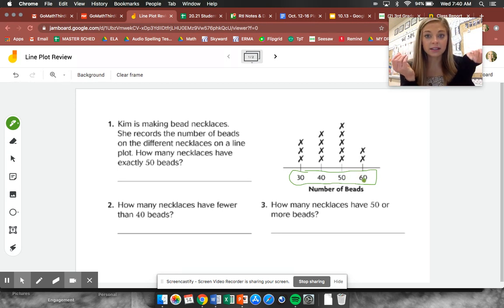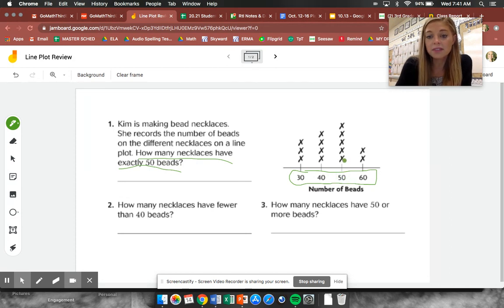So picture a necklace in your head. And necklaces are made out of beads. So some necklaces have 30 beads, some have 40 beads, 50 beads, and 60 beads, okay? So it wants to know: how many necklaces have exactly 50 beads? So remember, right here, 50.